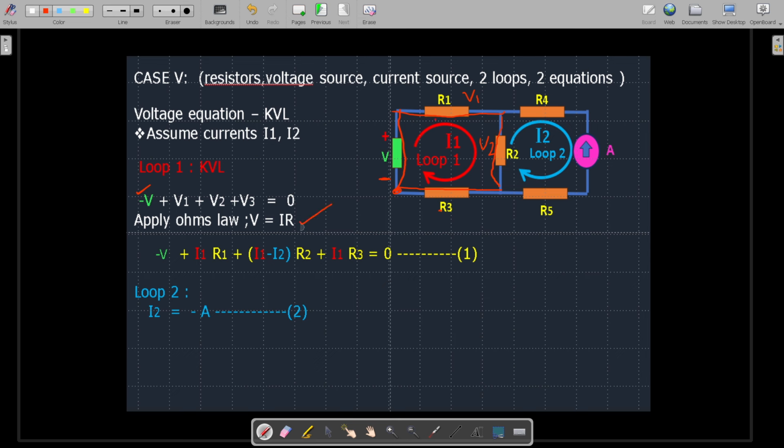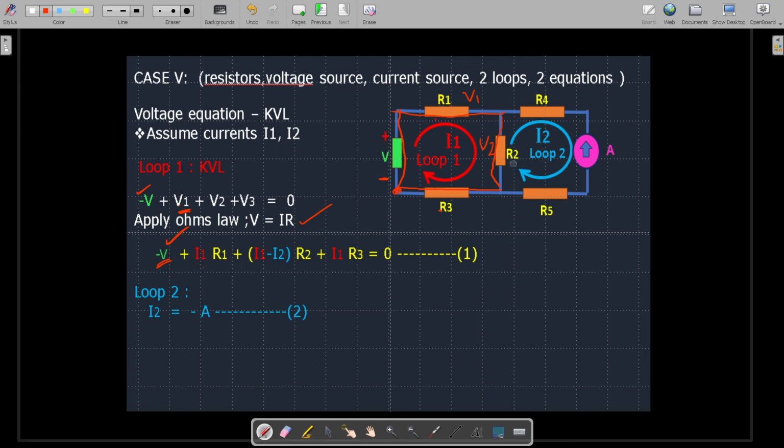Here we can apply Ohm's law, V equals IR. The source voltage is already known, but V1 is not known, though we know the current flowing through is I1 and the resistance is R1, so V1 is I1 into R1.